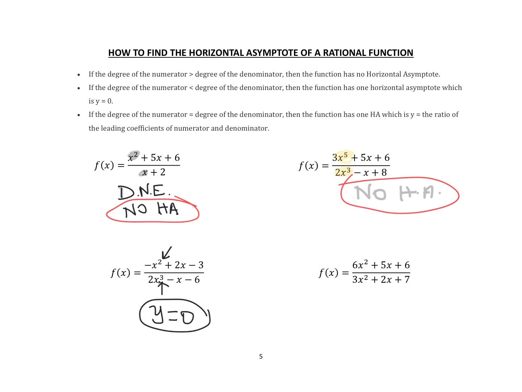So that means there is a horizontal asymptote given by the ratio of the leading coefficients. So this is 6/3, which equals 2. So y equals 2.